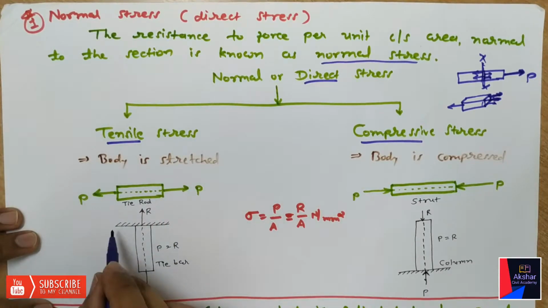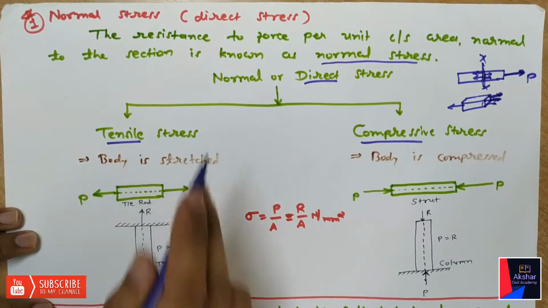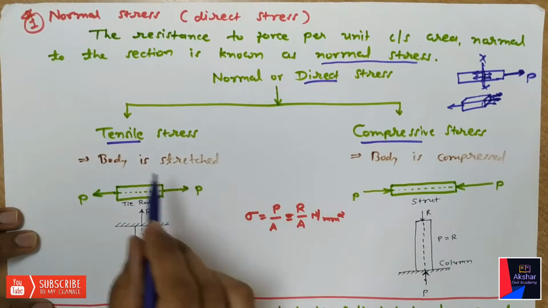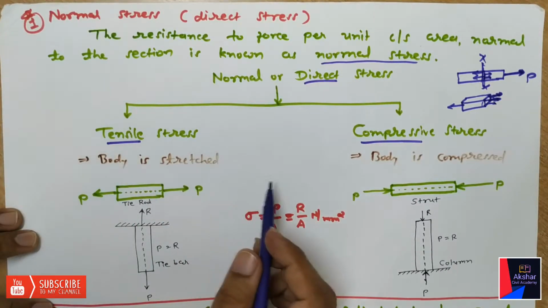If the member is hanged from the ceiling, that is also an example of tensile stress. Tie bars and tie rods are supposed to produce tensile stresses.